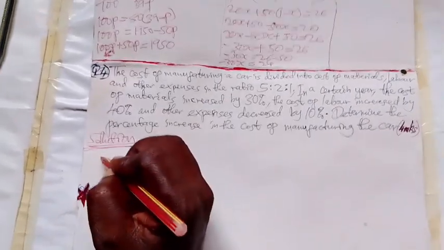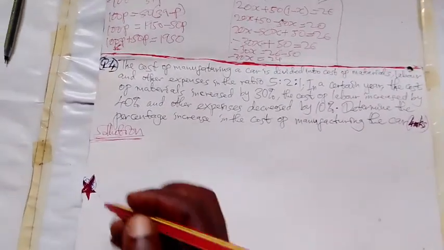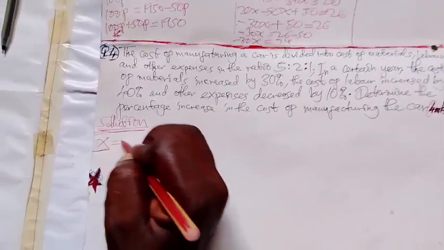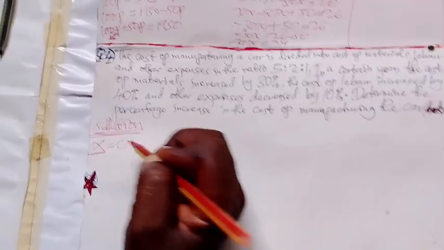Step 1, let x be the constant multiplier.